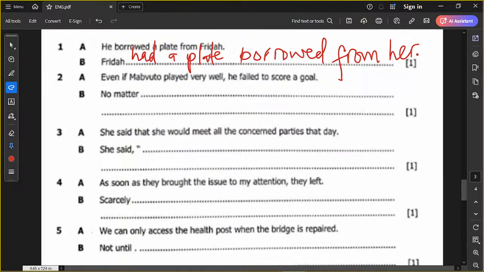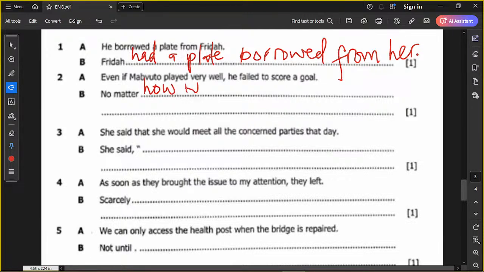It means that Mavuto played well, but he did not score a goal. According to the way he played, he was supposed to score a goal. So this should be like a picture, something like a habit. Maybe it usually happens.